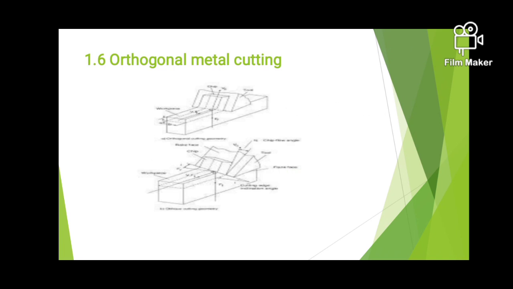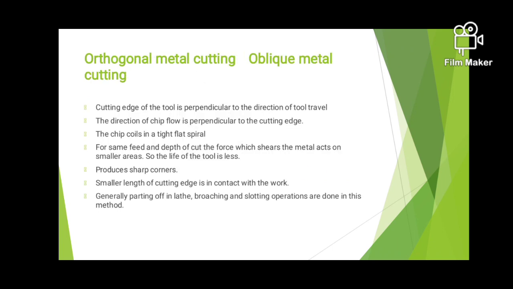Orthogonal metal cutting. This is a schematic diagram of orthogonal metal cutting. The cutting edge of the tool is perpendicular to the direction of tool travel. The direction of chip flow is perpendicular to the cutting edge. The chip coil is a tight flat spiral.